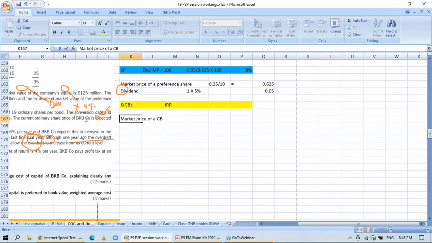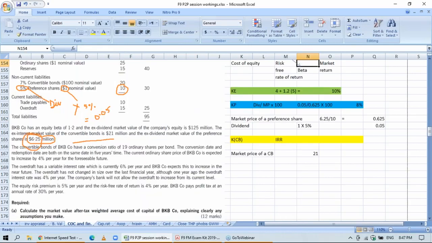The market value is 21 million, and there are total, you can note, stated in the balance sheet at 20 million. So there are 20 million convertible bonds. 20 million is the dollar value of the convertible bonds in the statement of financial position.